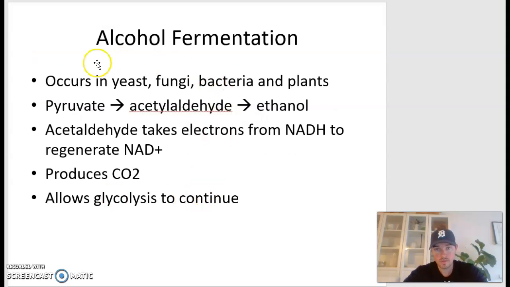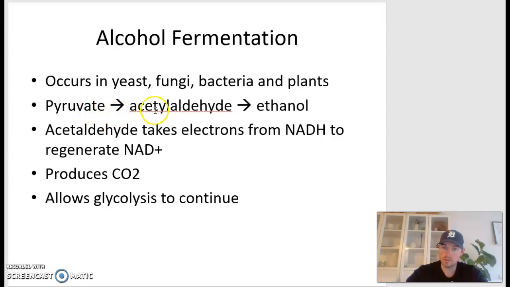All right. Okay. So getting out of lactic acid fermentation, moving into alcohol fermentation. This is one of my favorite ones. So yeast will do this, and it'll take the pyruvate made from glycolysis, and it actually has two steps instead of the one.